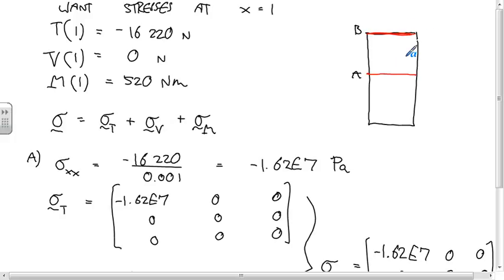So the shear and bending moments are the only ones where those stresses change, depending on where you go in the cross section. Okay, so we have a stress due to tension that's equal to whatever that was, negative 1.62 times 10 to the 7th. Zeros everywhere else.